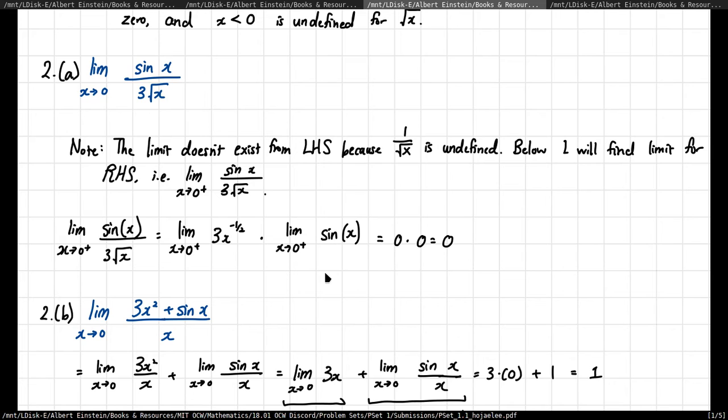So this is Jose's answer. The left-hand limit doesn't exist because 1 over root x is undefined here. Then for the right-hand limit, you have 0.